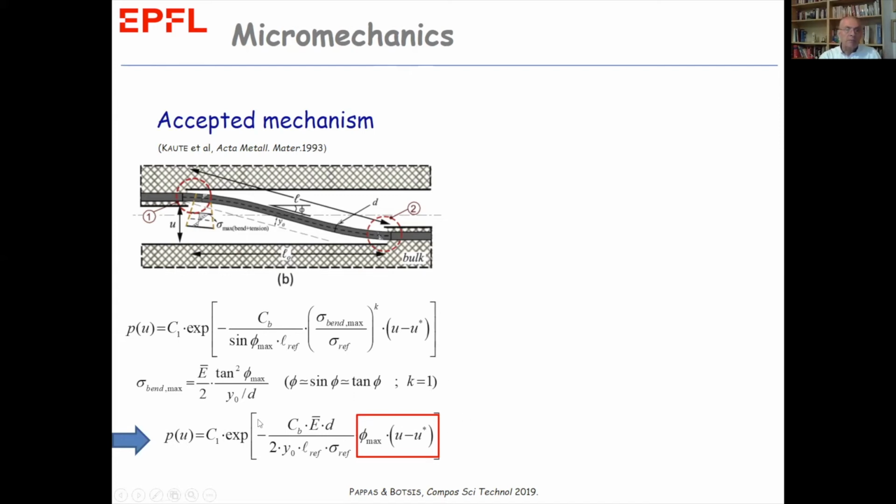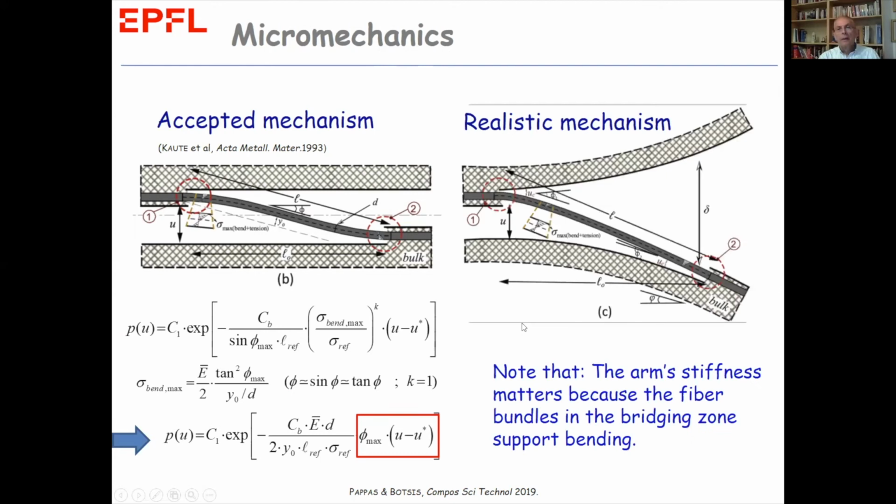Now, if I just simplify this expression a little bit by assuming phi to be a very small angle and K equal to 1, I will obtain the simplified form where I see here the product of phi and the opening appearing in this pressure. Now, what we believe, though, is that this is not a mechanism that operates in bridging, especially in bending dominated bridging.